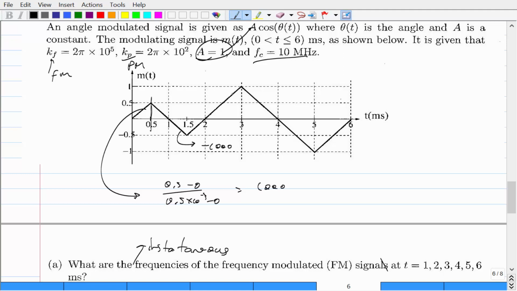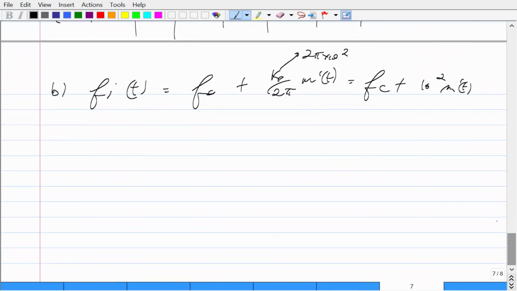Between here and here is also going to be 1,000. Between here and here is minus 1,000. So these are the slopes. I'll let you verify that yourself. If you do the rise over run calculations, you can certainly verify that it's basically going to be plus or minus 1,000. So between 0 and 0.5, we have a constant slope of 1,000.